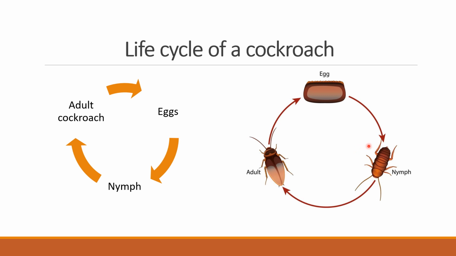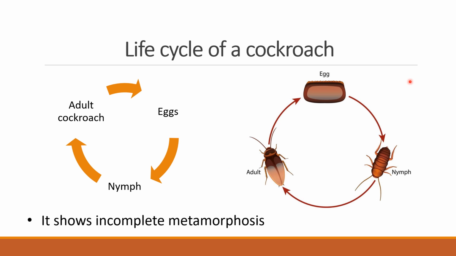So it undergoes different molting stages to become the adult, and only the adult cockroach stage has the ability to reproduce and lay eggs. So this is the life cycle of the cockroach, and you can see that it shows incomplete metamorphosis. The life cycle of a cockroach is an example of a life cycle which shows incomplete metamorphosis.